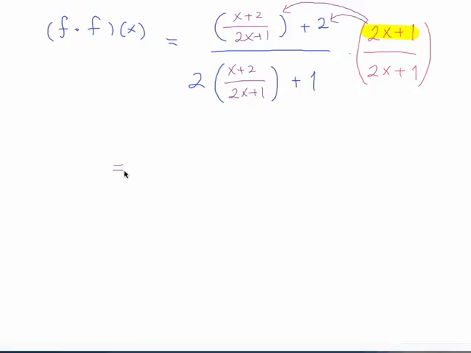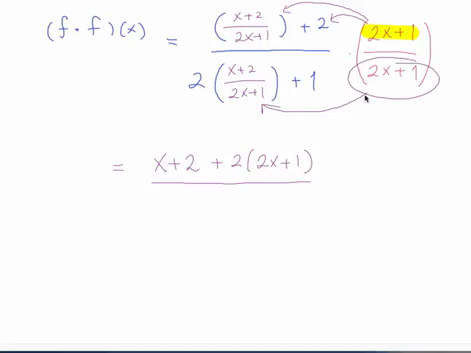So what do I get? I get x plus 2. Okay, the 2x plus 1's cancel out, plus 2 times 2x plus 1 over, on the bottom part, I'm going to do the same thing. This gets distributed here and here. I get 2 times x plus 2, because that 2 and x plus 2 are here, plus 1 times 2x plus 1.